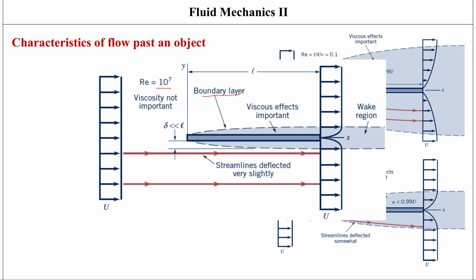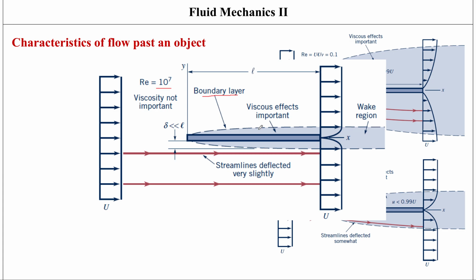Okay, so this Reynolds number, when it's way, way higher, the flow is obviously then being dominated by the inertial effects. And that is why the viscous effects are going to be negligible everywhere except in the region that is very close to the plate.